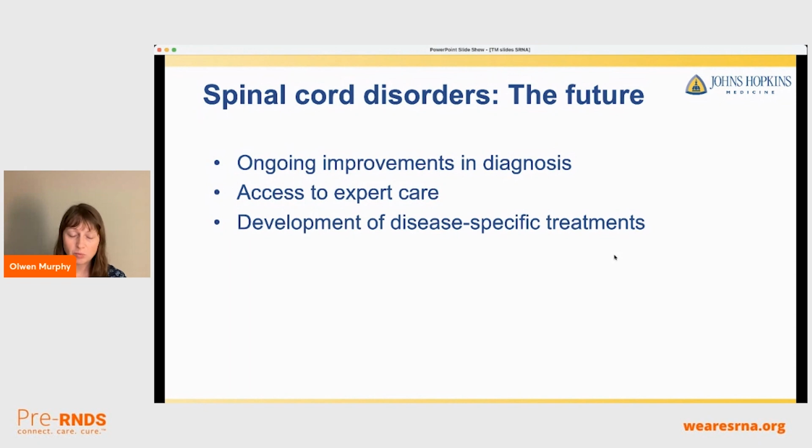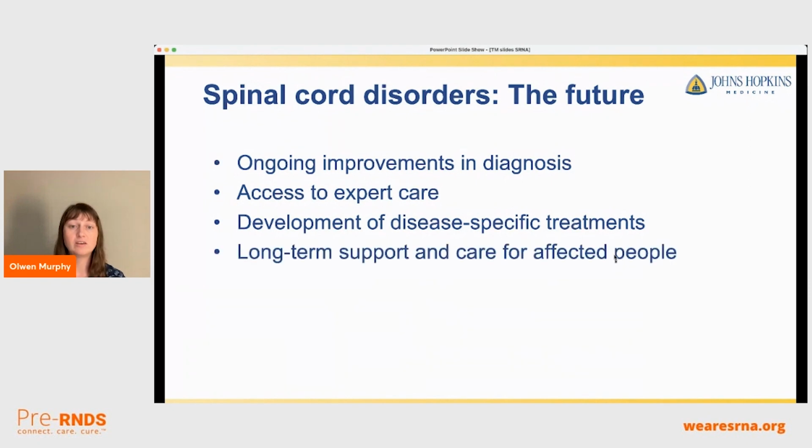There are important advances that have come and are yet to come in terms of disease-specific treatments for disorders such as acute flaccid myelitis, neuromyelitis optica, and MOG-associated disorder, and others. So I think this is an exciting area and rapidly expanding field.